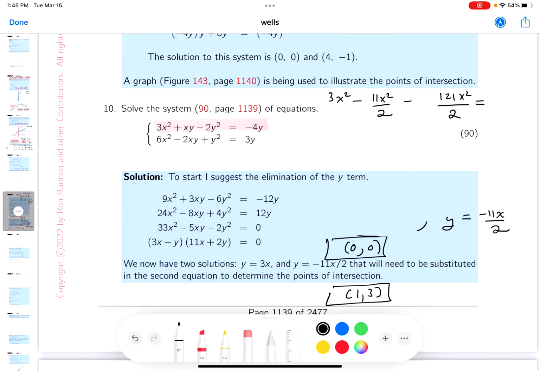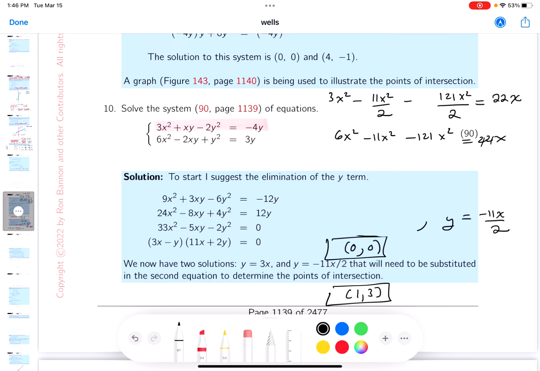Minus 4 times minus 11x over 2. Well, it's going to be minus 22. I'm sorry, 22, not minus 22. 22x. I'm going to multiply both sides by 2. Oops, 44. Sorry about that. Easy to correct. Let's add that together, right?